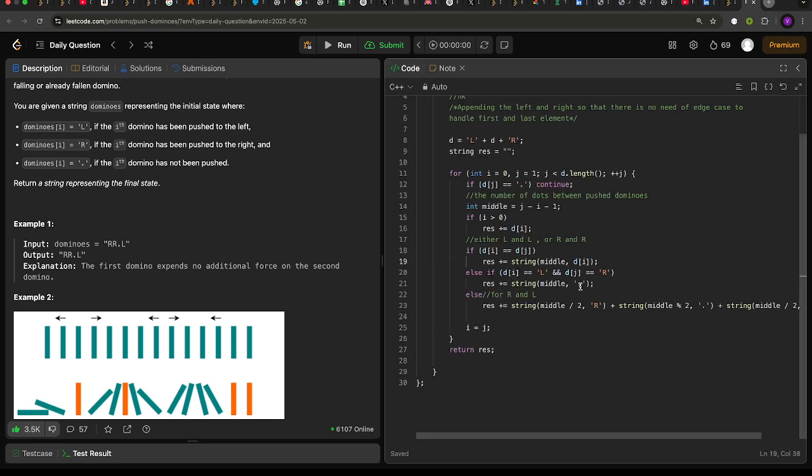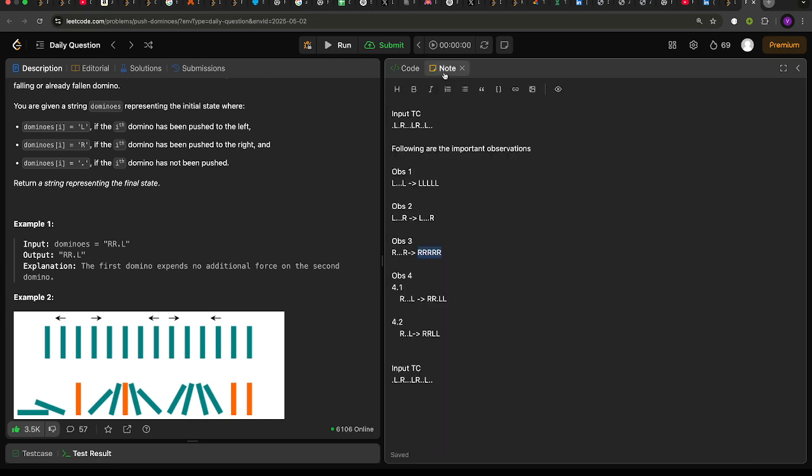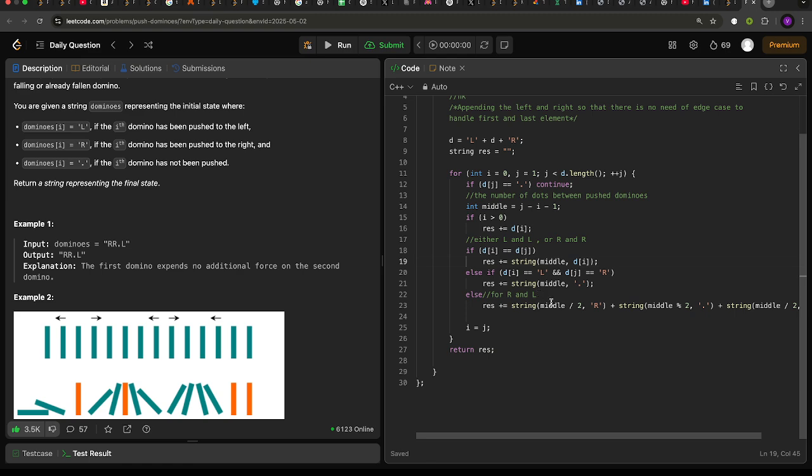So this is fine. If di is equal to left and dj equal to right, that means the middle ones will remain the same, right? This is the case that we have discussed, where the left one is pushed toward the left and the right one is pushed toward the right. And this is our last case.